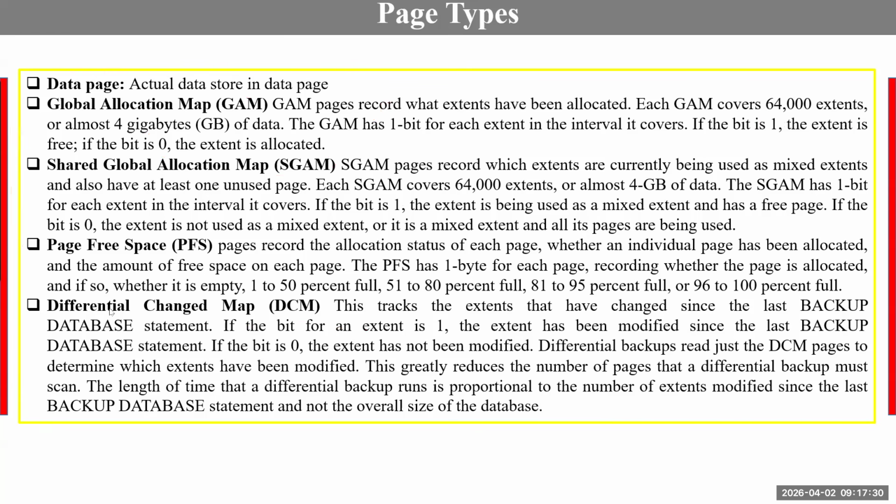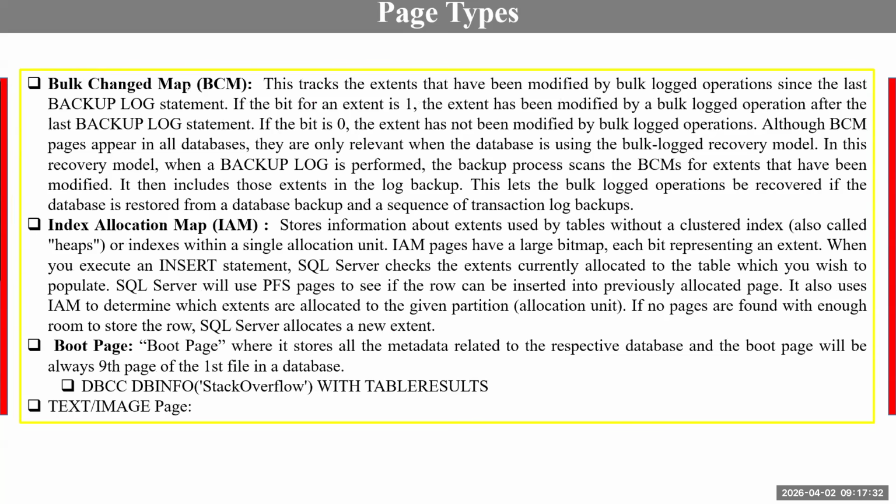I will talk about the DCM page when we discuss backup, the BCM page when we discuss the recovery model, and the IAM page when we discuss indexes. As of now, just remember DCM page, BCM page, IAM page. I will talk about them when we discuss the respective concepts. For now, you need not think about these pages because you are already overloaded.